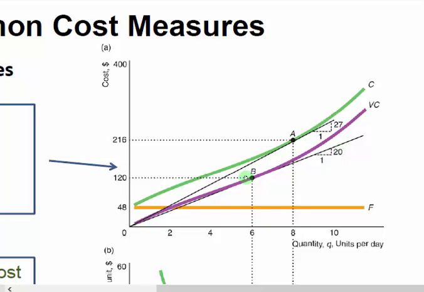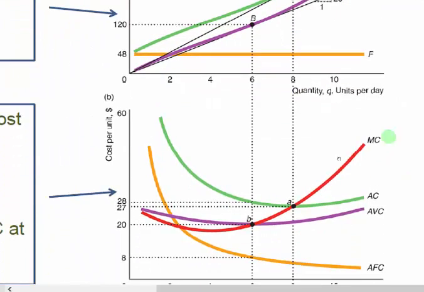Okay, so in this picture, we can actually sort of see the average cost and the average variable cost. Right? That's the first piece of information. So when you plot the average cost line, the green line, and the average variable cost line, the purple line, you understand it's the slope of all the different radiants coming out of the origin to a point on the total cost curve or the variable cost curve.